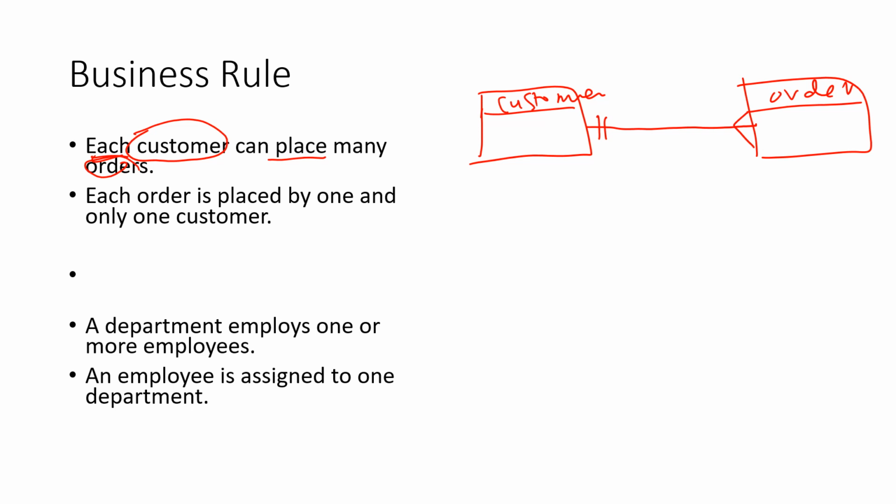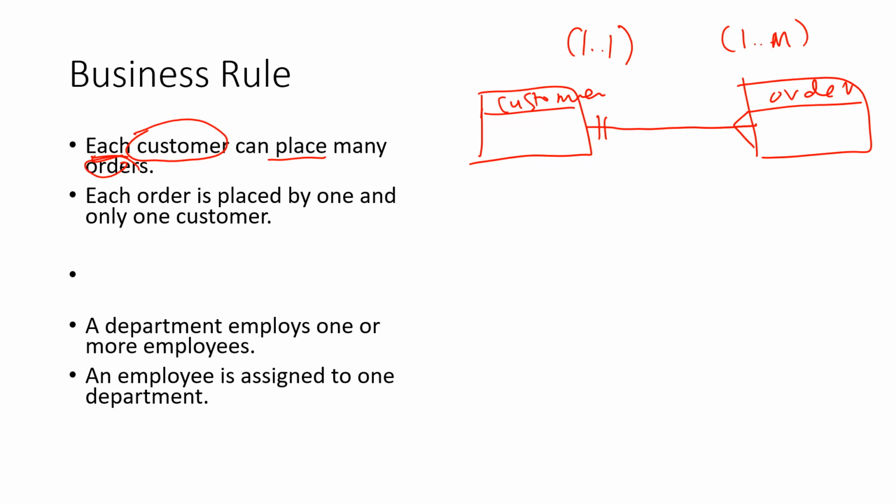So how to understand this? To read from here, order to the customer, we can understand this is 1 to 1, and this is actually from 1 to many. Sorry, it should be like this.